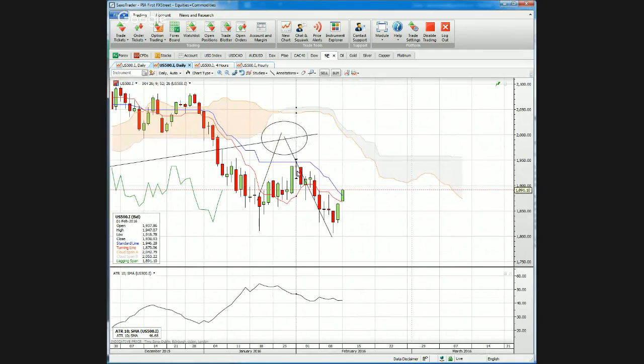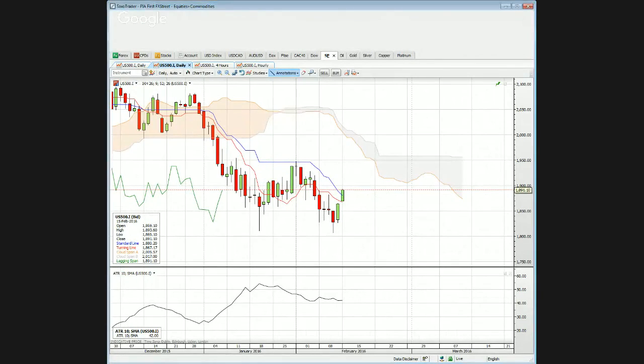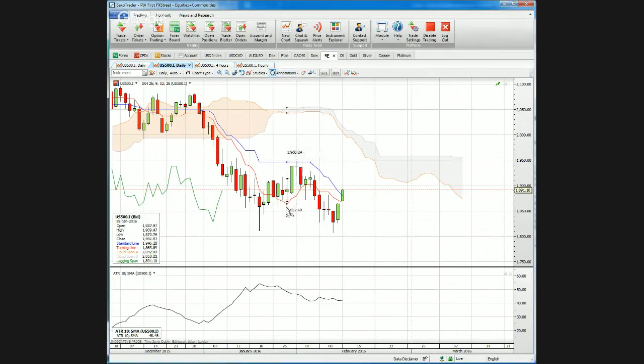Prices failed, and I just mentioned an evening star formation, and lo and behold, we've got one here. This is an evening star formation, evening doji star. Some great names for all these formations. But we like to try and look for the big ones, the key ones.